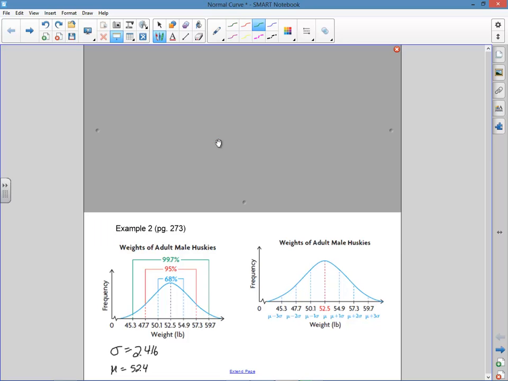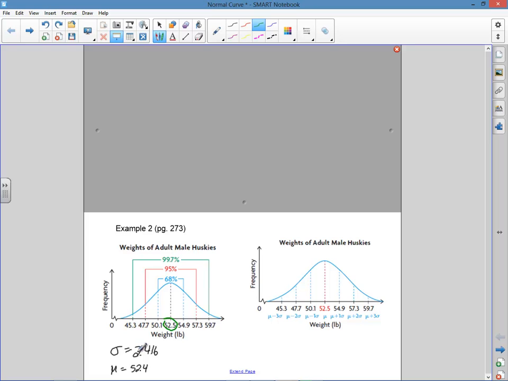Now we'll look at this in terms of example 2, and again it's on page 273 of your text. In this example, we're looking at male Siberian Huskies, and they have a population mean weight of 52.4 pounds. So that's shown here.